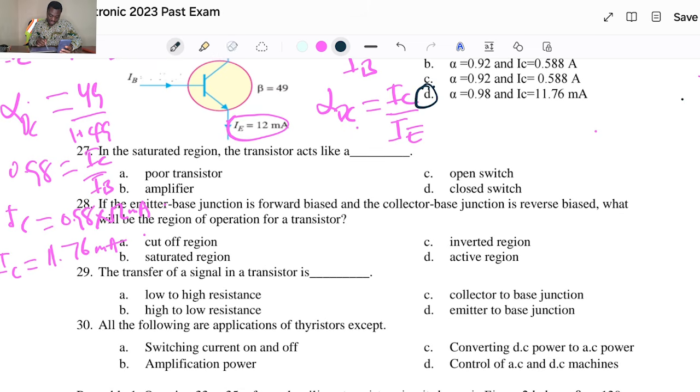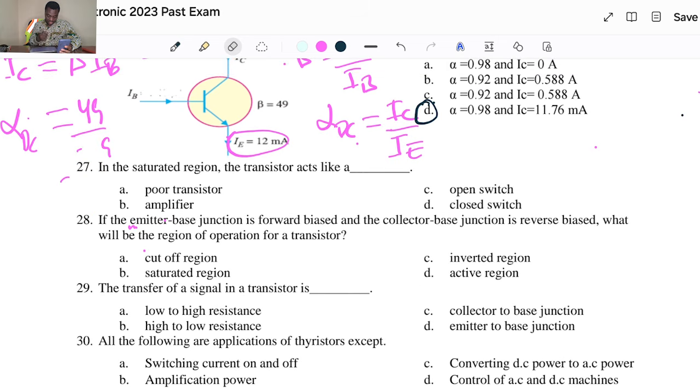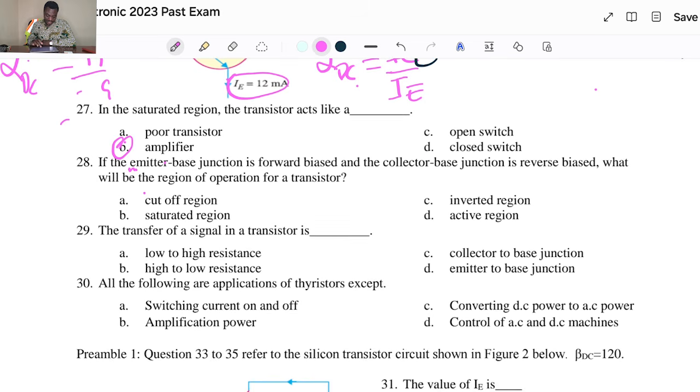Now moving forward, we are going to look at question 27. In the saturated region, the transistor acts like a poor resistor, amplifier, open switch, or closed switch. A is going to be, B is as an amplifier.